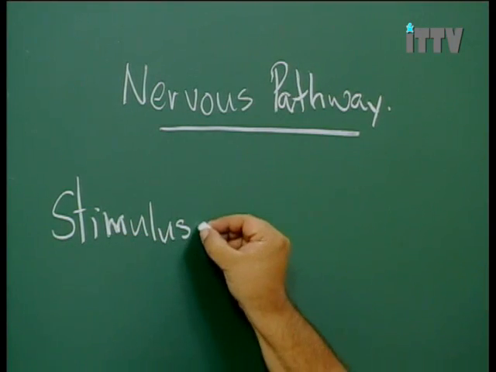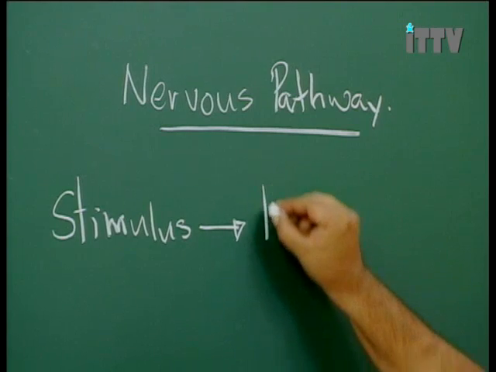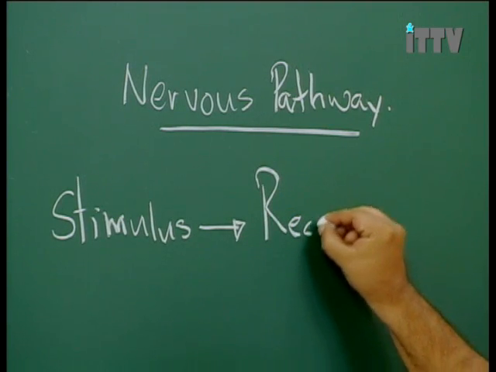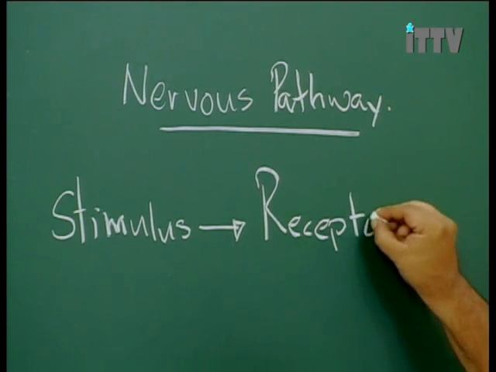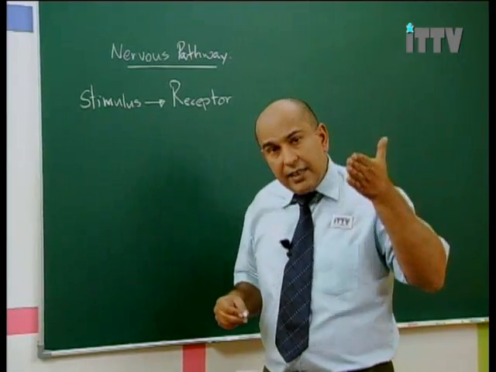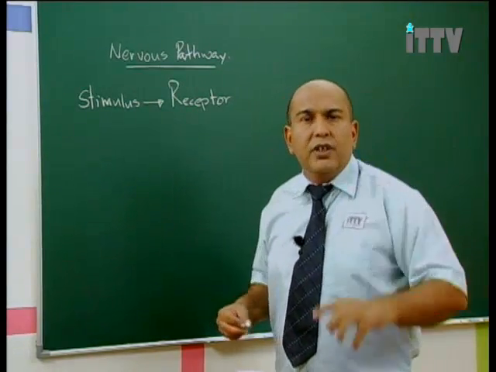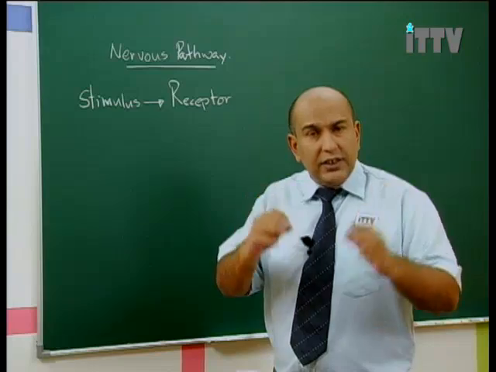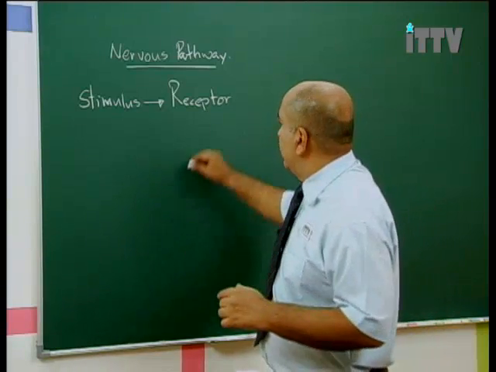The stimulus will be picked up by the receptor. Now, the receptor has to send the message to the central nervous system. To do this, we use sensory neurons.